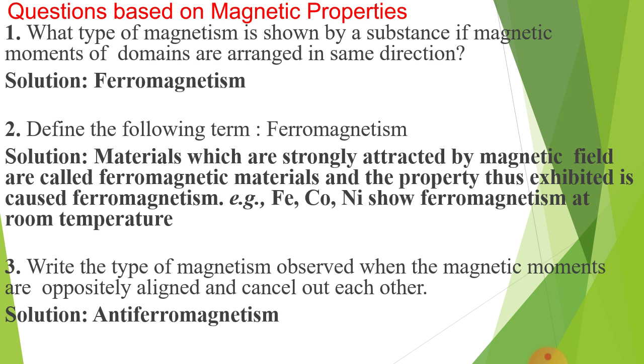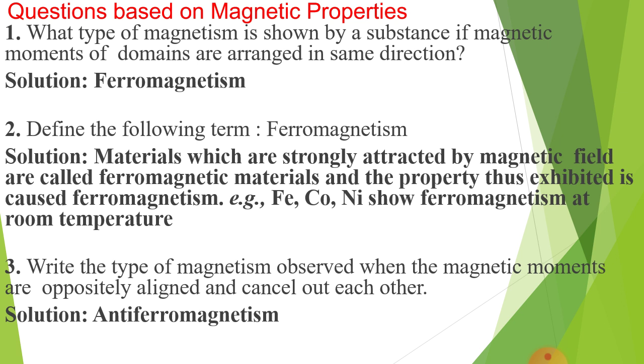Now, some questions based on magnetic properties with their answers are also given here. Question number one: what type of magnetism is shown by a substance if the magnetic moments of domains are arranged in the same direction? The directions are the same, so this indicates a ferromagnetic substance, and the type of magnetism is ferromagnetism.